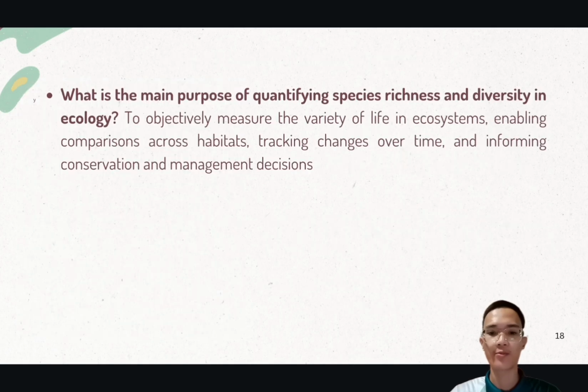What is the main purpose of quantifying species richness and diversity in ecology? It is to objectively measure the variety of life in ecosystems, enabling comparisons across habitats, tracking changes over time, and informing conservation and management decisions.